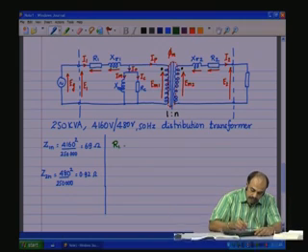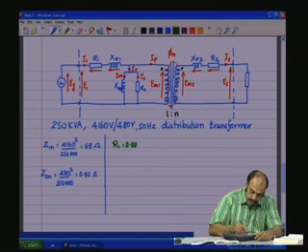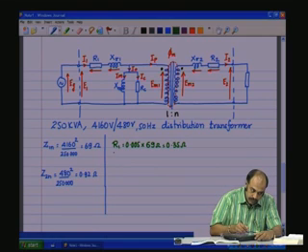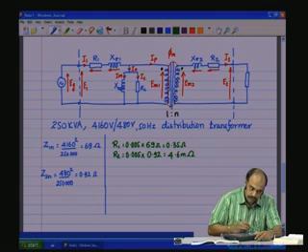So R1 is 0.005 into, on the primary side, the base impedance is 69 ohms, which is 0.35 ohms. R2 is again 0.005 and the base impedance on the secondary side is 0.92, which gives you 4.6 milliohms.